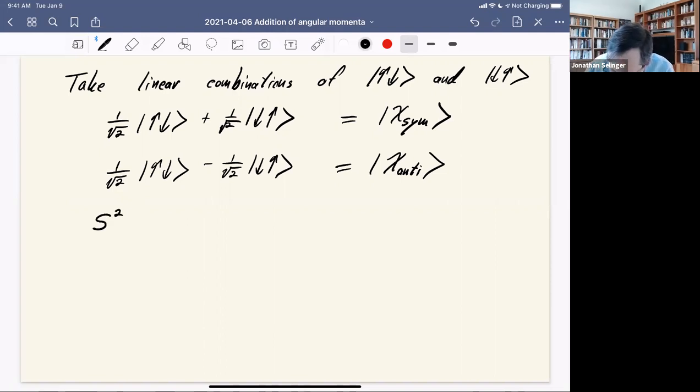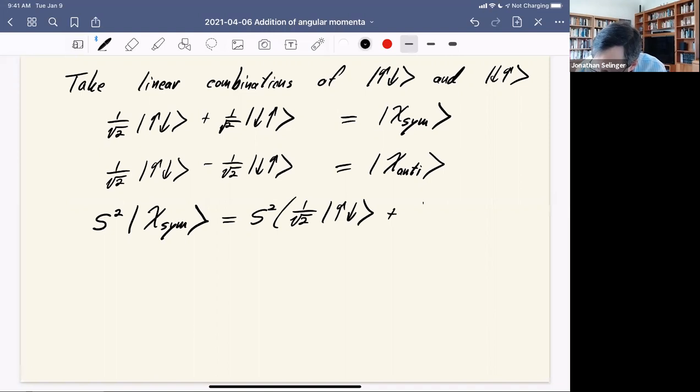So if S squared acts on the symmetric state, that gives us S squared acting on 1 over root 2 up down plus 1 over root 2 down up. That is 1 over root 2. What is S squared acting on up down?